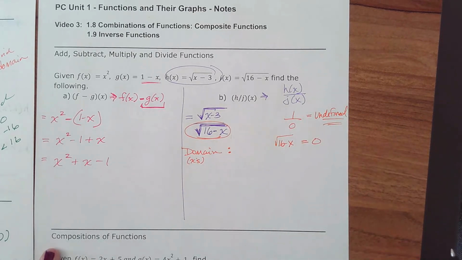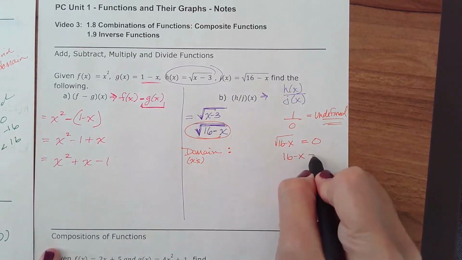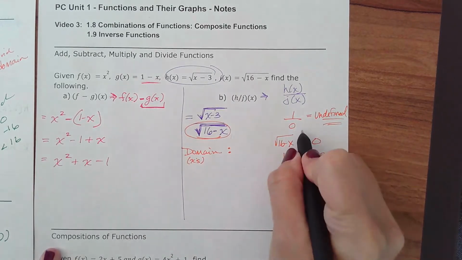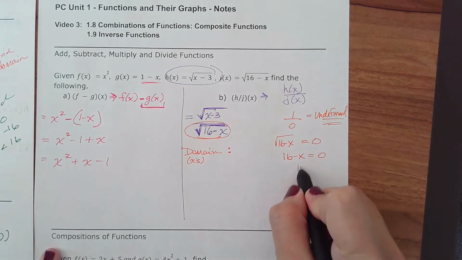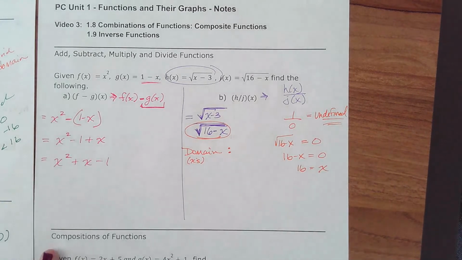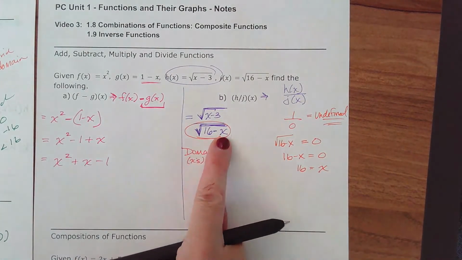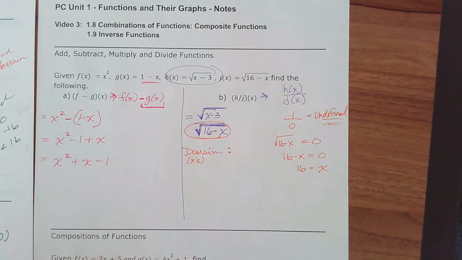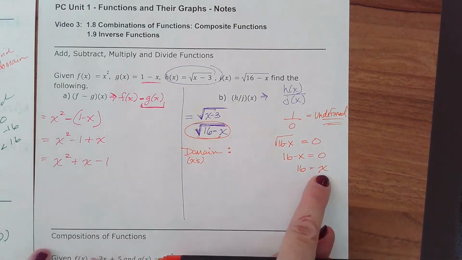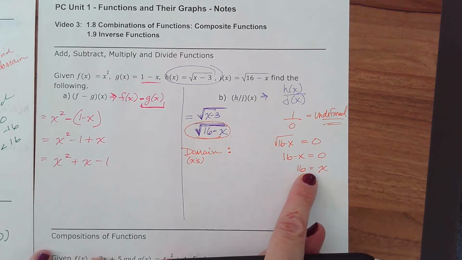If I square both sides, I get that. I'm just going to move the x over so I get x equals 16. When x equals 16, this becomes a 0 on the bottom of my fraction. I can't have a 0 on the bottom of my fraction, so this means my function doesn't exist when x is 16.